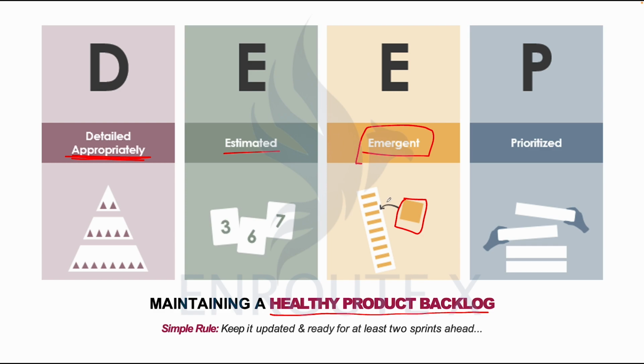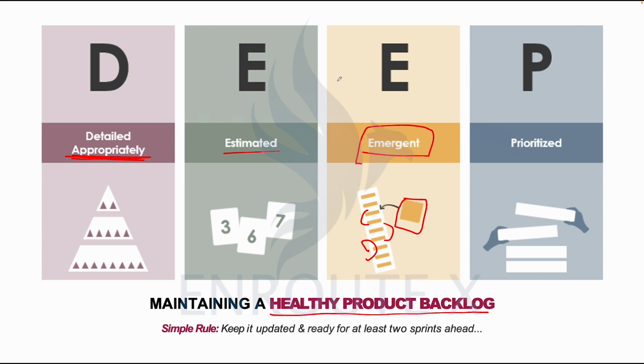Your backlog is flexible to accommodate such. So you should be able to move things around on your detailing. This emergent criterion is talking about the detail. It should be flexible to accommodate changes. It should be dynamic enough.